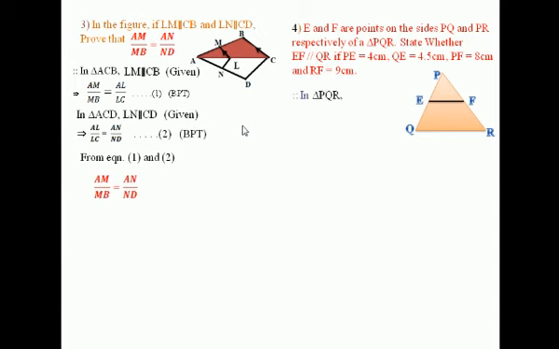For that, in triangle PQR, let us consider the ratio to check whether EF is parallel to QR or not. By using the converse of BPT, we can state this. That is PE by EQ. You take the ratio PE by EQ. The values are given here.